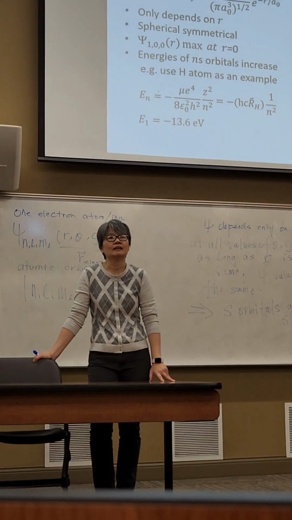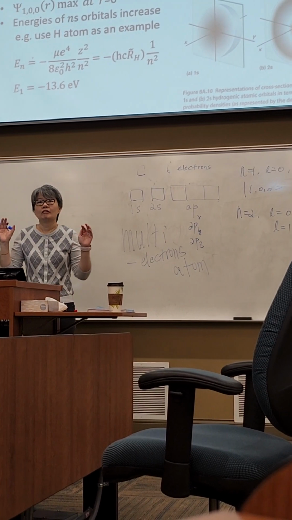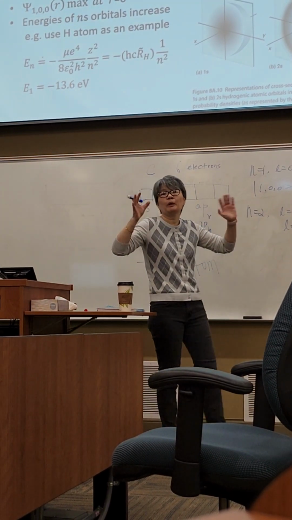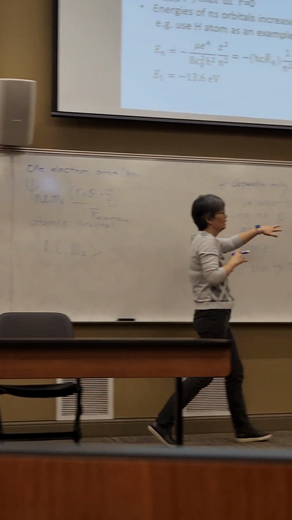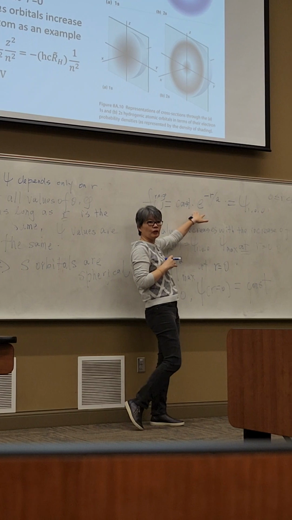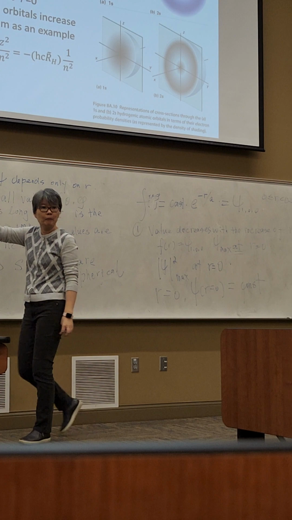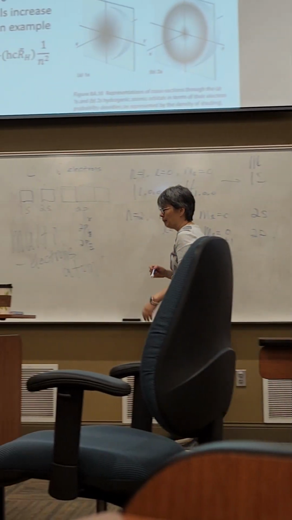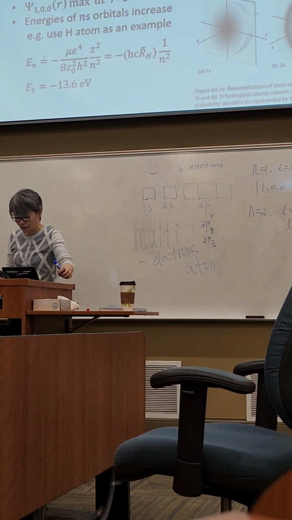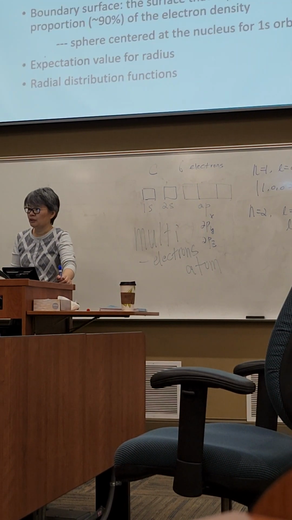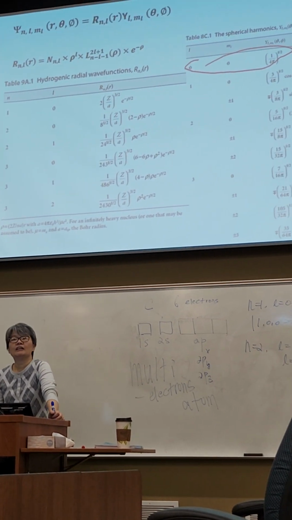Okay, so you can look at it, it has to be the constant, right? The angular component of the wave function is a constant. That's why the total wave function only depends on the variable R, because the total wave function is a product of the radial component and the angular component. So for that to happen, you have to have the angular component be a constant. So if we go back to our equation here, if you have the 0, 0, that is the constant.